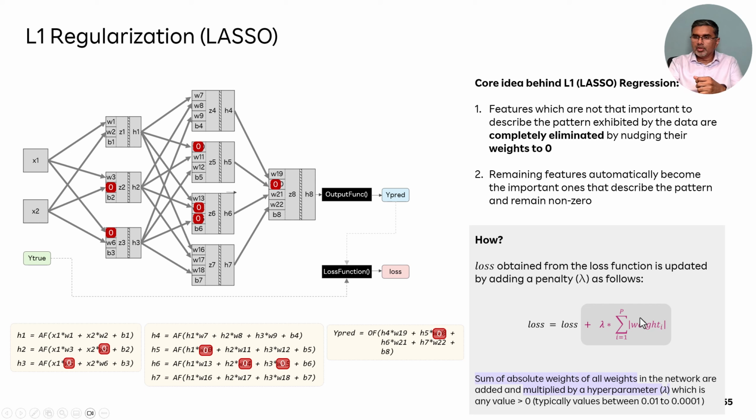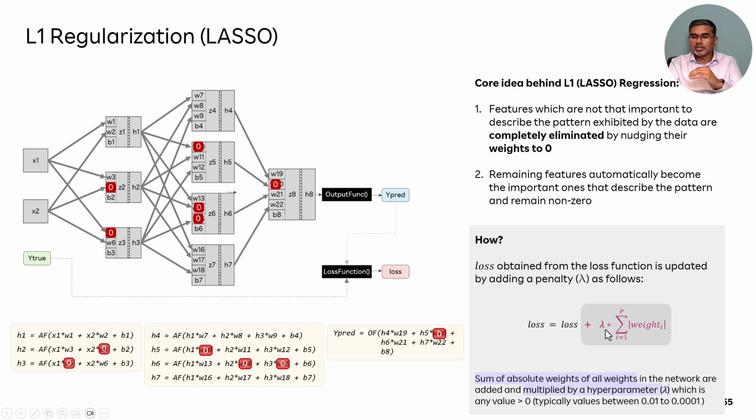Because if the sum of all these weights is zero, and you're taking absolutes so negatives and positives don't cancel, then the smaller this number is, the smaller the loss is, right? So that is the goal. While that is happening, the gradient descent algorithm is trying to adjust these weights. And we'll see shortly that just by adding these absolute values, the unimportant weights go down to zero. How that will happen, we'll see shortly.